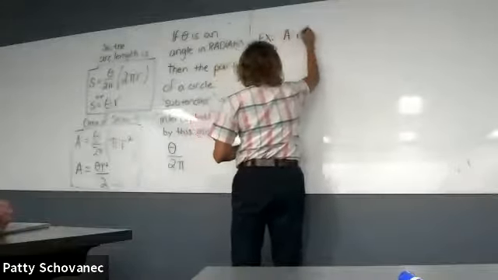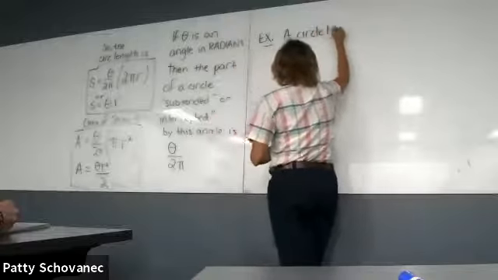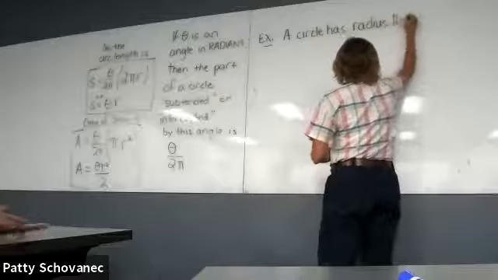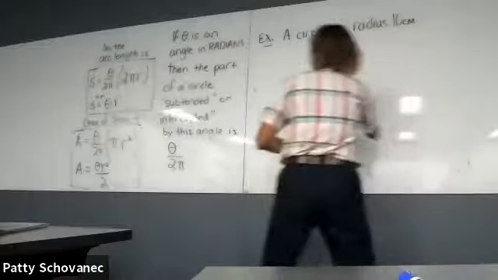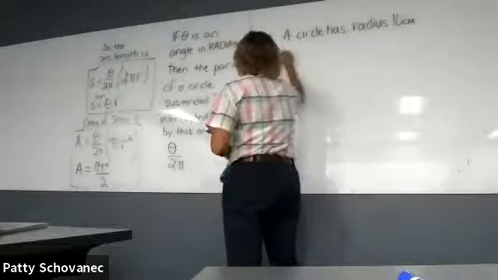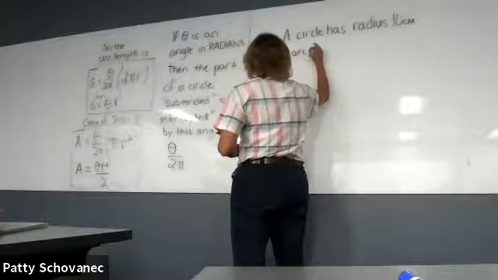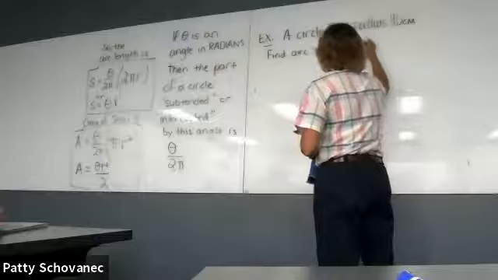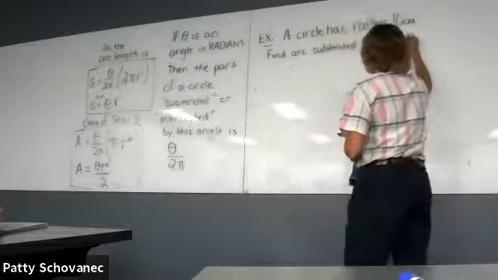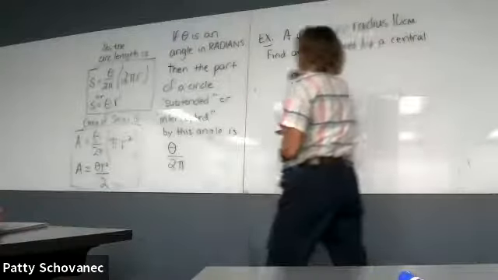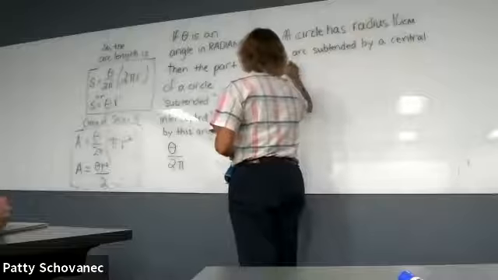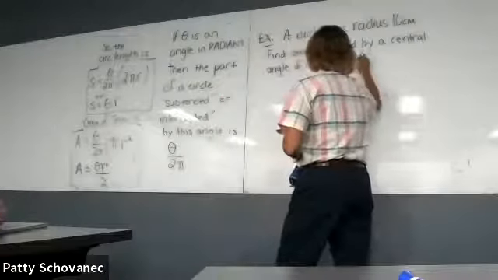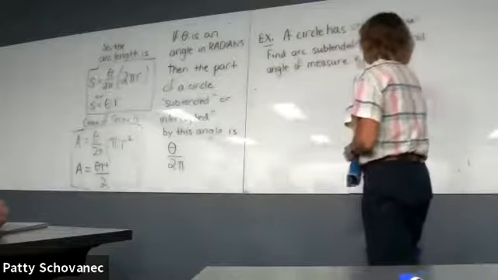So a circle has radius of 10 centimeters. Find the arc subtended by a central angle of measure 5 pi over 8 radians.